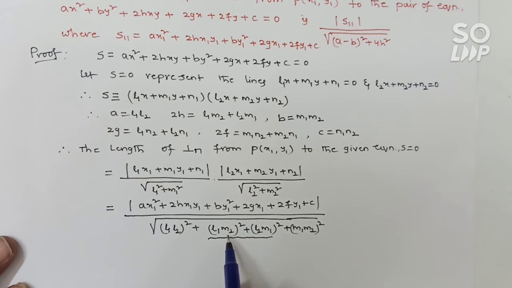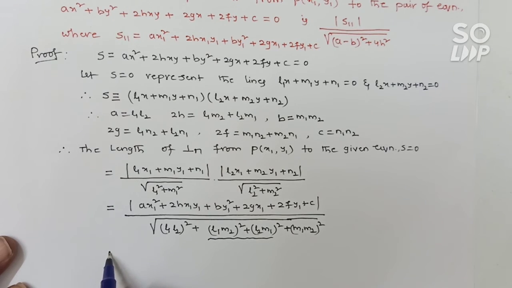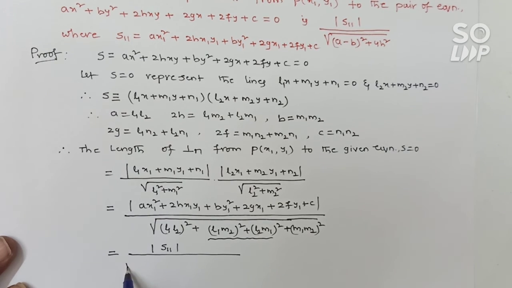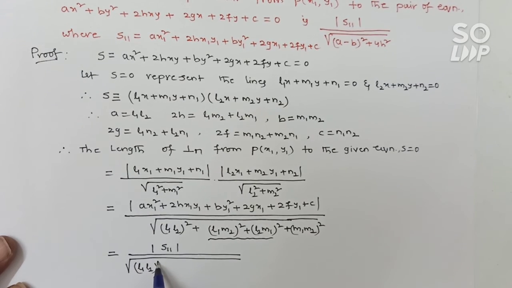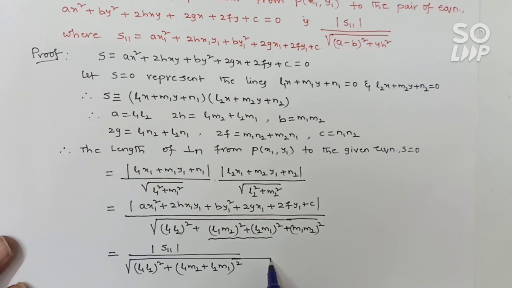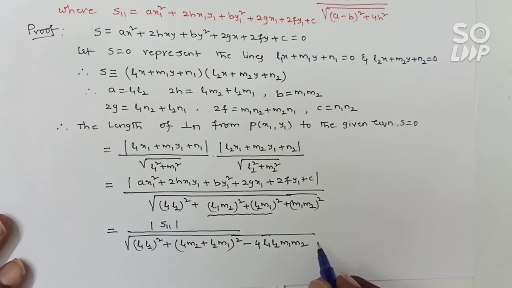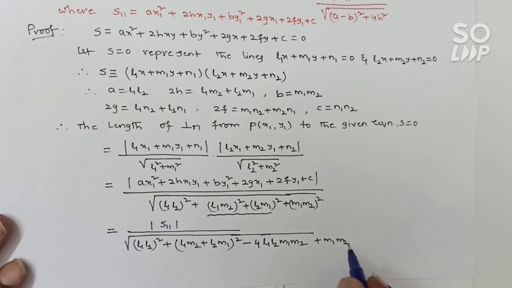So the numerator value I am simplifying as S11, so modulus of S11 whole divided by root of (L1 L2) whole square + (L1 m2 + L2 m1) whole square minus 4 into L1 L2 into m1 m2, plus (m1 m2) whole square.